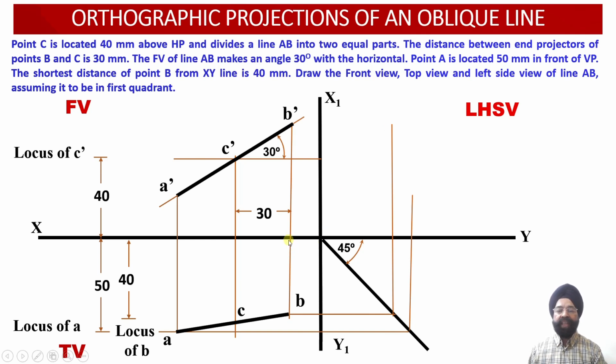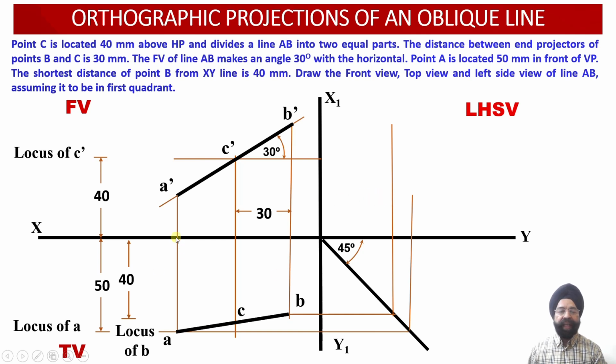So we have evaluated that end B of the line happens to lie 40 millimeter in front of the vertical plane. So once we take this horizontal projector line through the point B and take a vertical projector upwards, we find this distance is equal to 40 millimeter in front of the vertical plane.